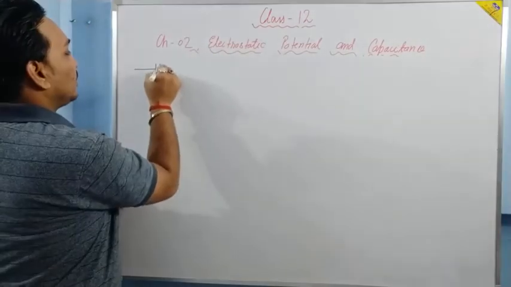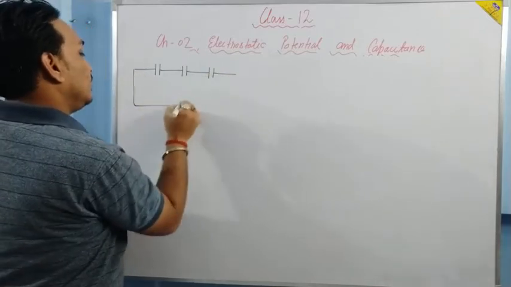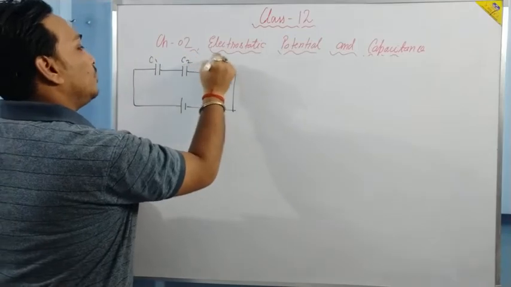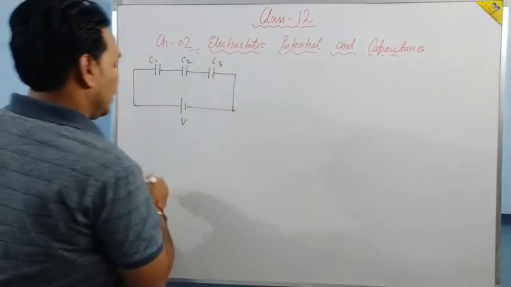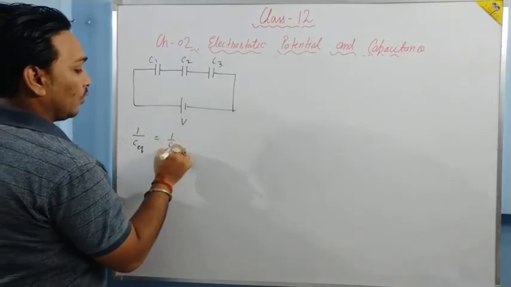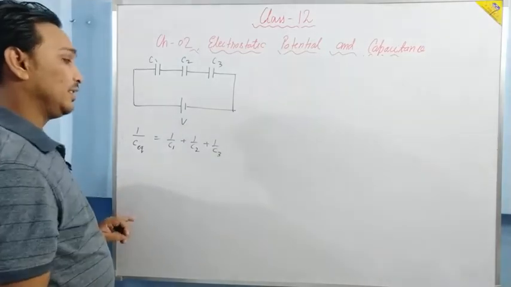If the capacitors C1, C2, C3 are connected in series with a cell of voltage V, then their equivalent capacitance is given by 1 upon C1 plus 1 upon C2 plus 1 upon C3.